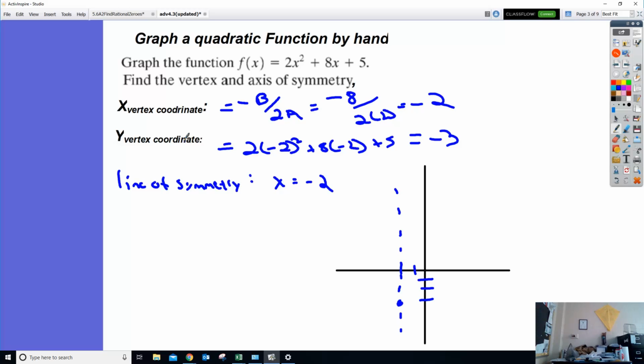Now, what's something else you might want to draw this parabola? A lot of things you can go after. No suggestions? I'm going to go after the y-intercept. How do you find a y-intercept? Well, 0.